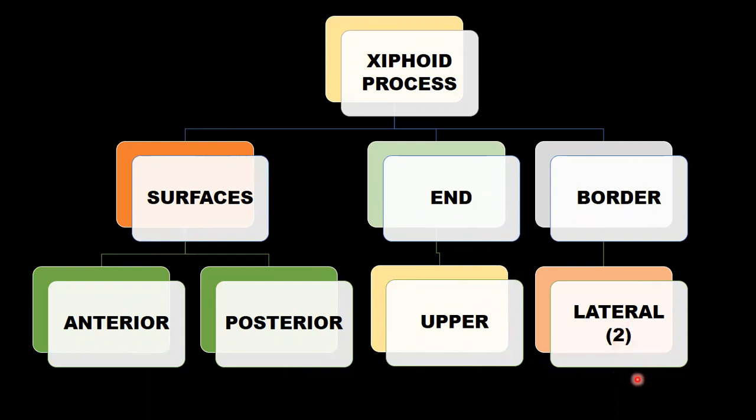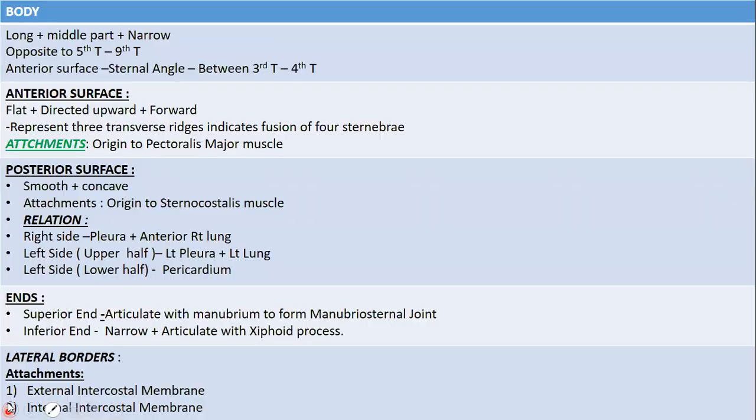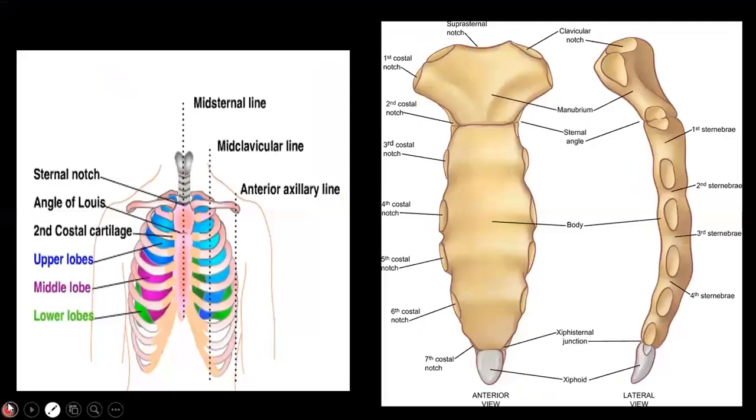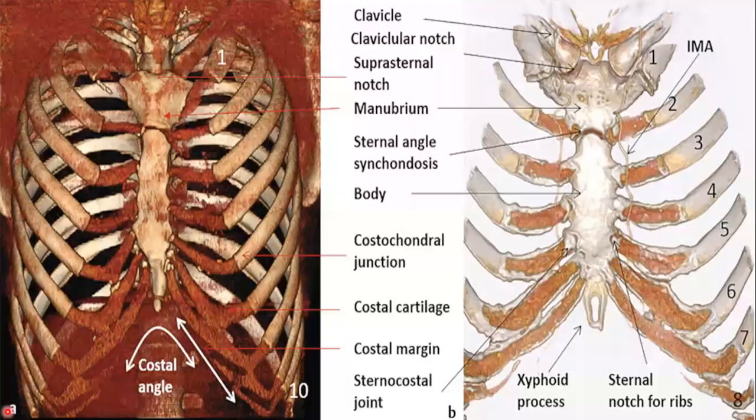When we talk about the borders, on either side of the upper border there is an articulation with the inferior end of the seventh costal cartilage.